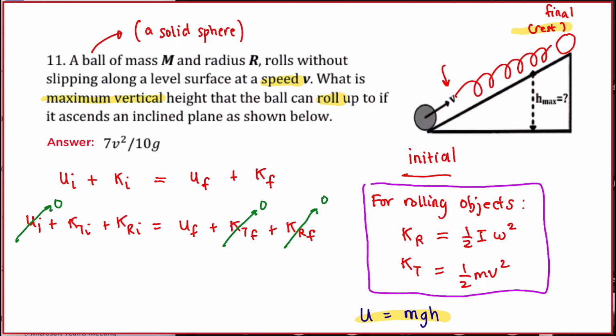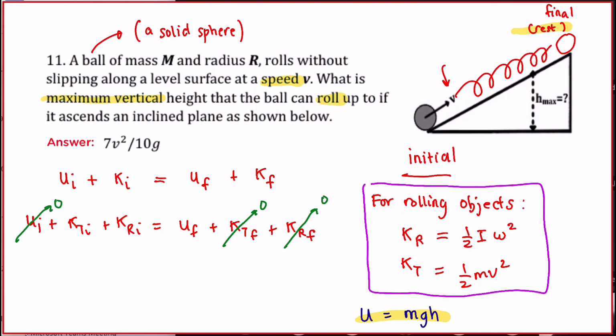All right. Now, another very important thing that we need to remember in solving this problem is the shape of the object. Why is it important to know that this ball we're talking about is a solid sphere? Anybody? Raise your hand, please.